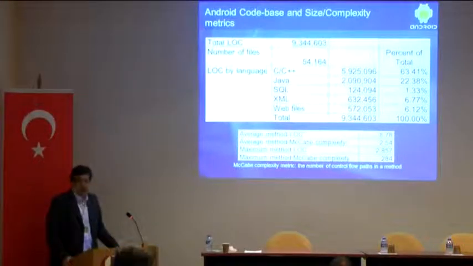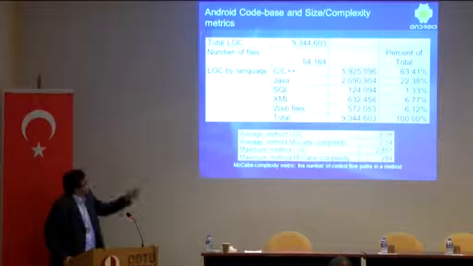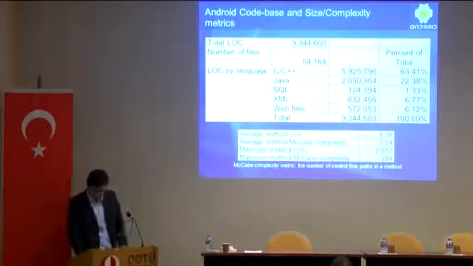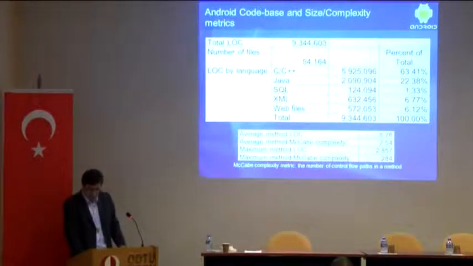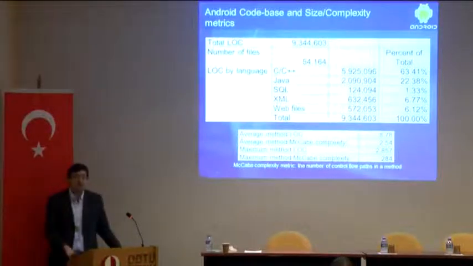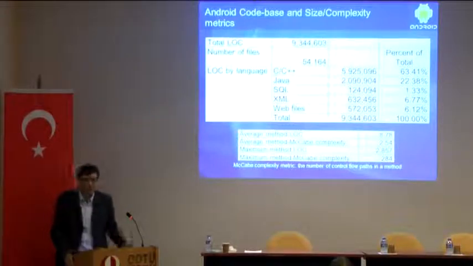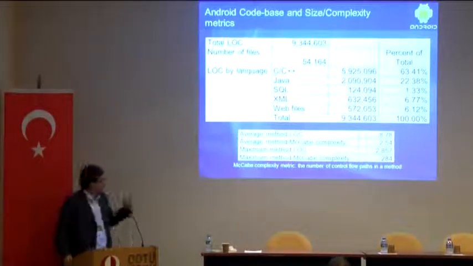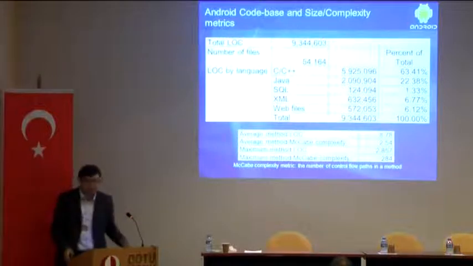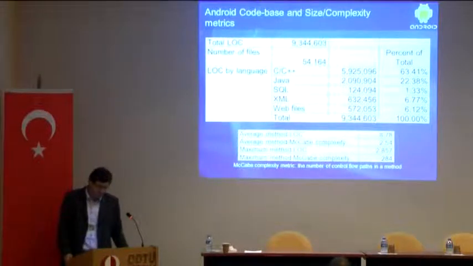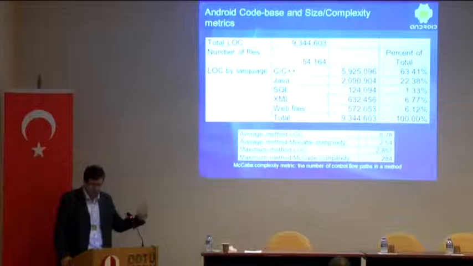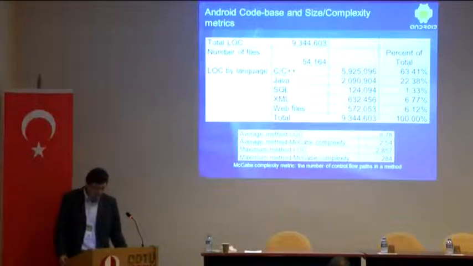Line of code by language, you see about 6 million lines is in C and C++, and of course the reason for this is that most of it is in Linux, so they have taken the Linux and they have adapted and modified it. And then Java, because Java sits on top of the C and C++ OS, and then SQL files and XML files and web files, etc.